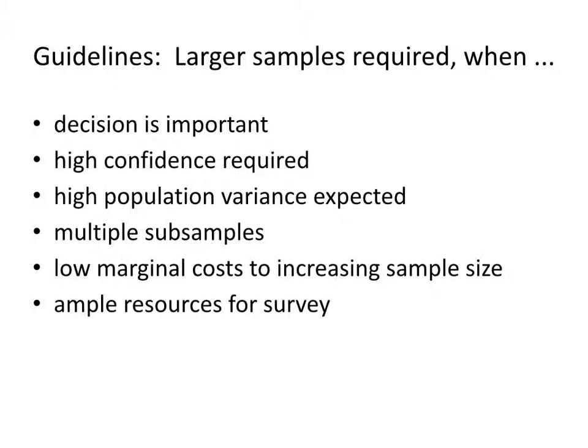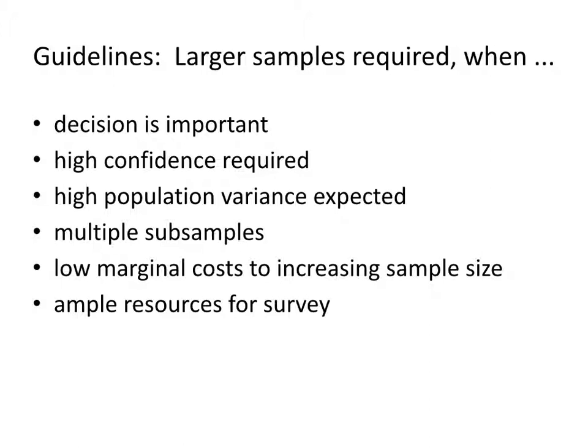So because of the difficulties of getting good estimates of population variance, either time or expense, applied research typically uses guidelines. And those guidelines are that larger samples are needed when the decision is very important, because lots of money is at stake, for example.